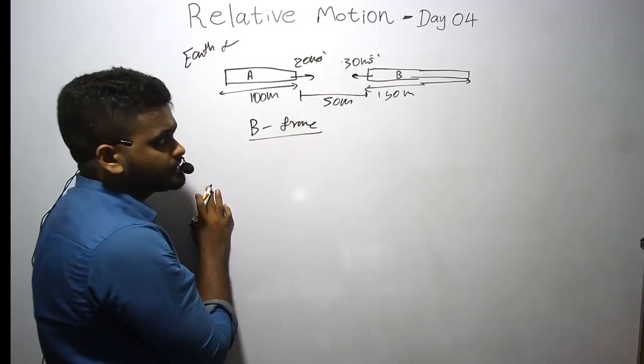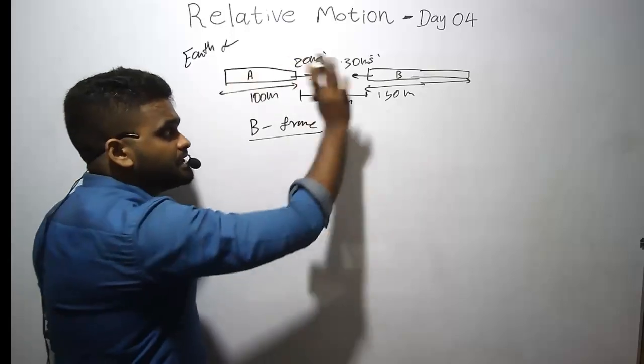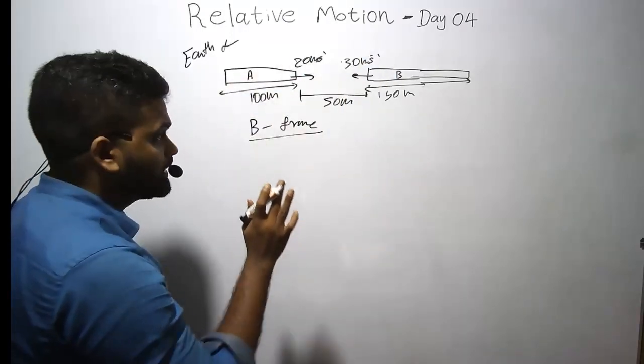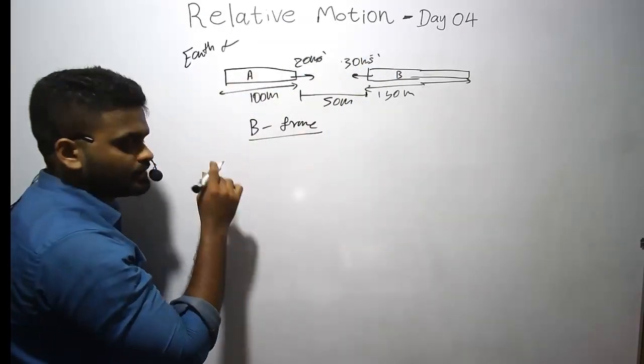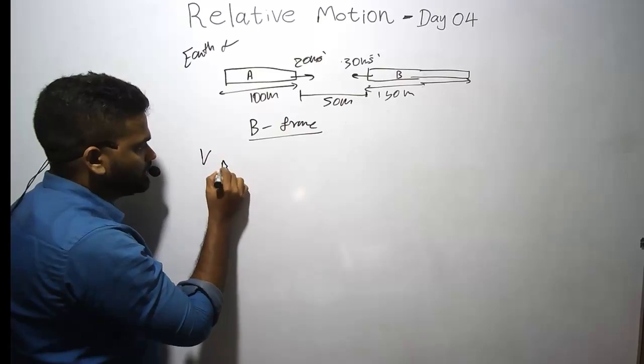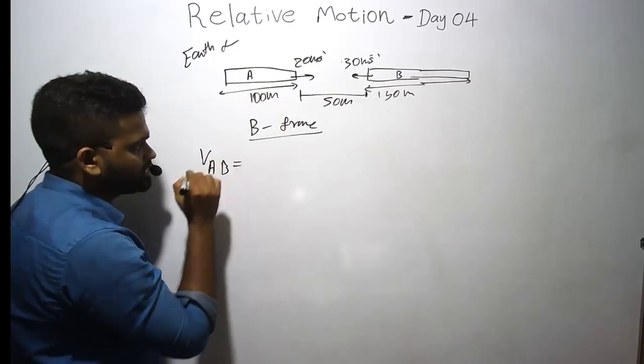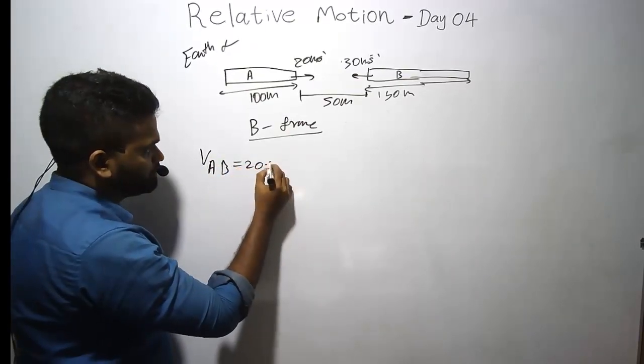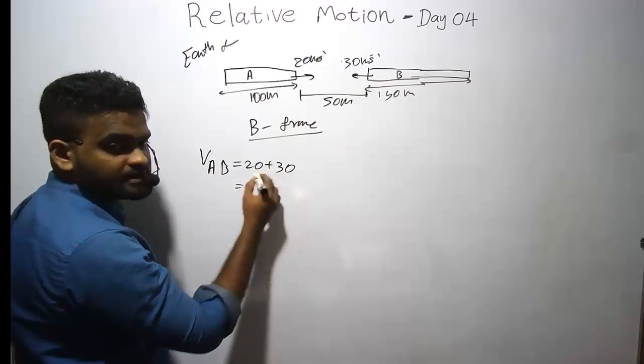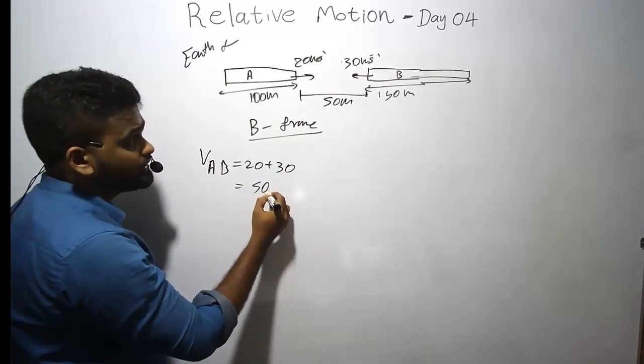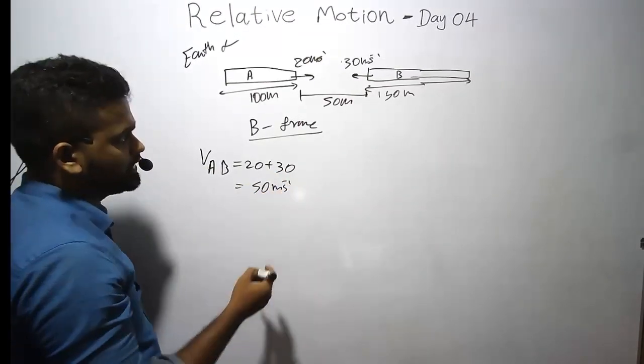Now just think B is stopped, right? First, let's find relative velocity. Relative to B, velocity of A should be what? Moving in opposite directions, so it should be the sum. So that is 50 meters per second.